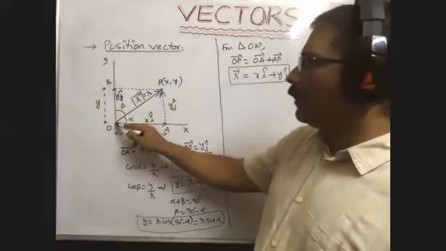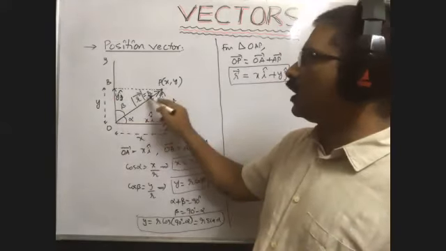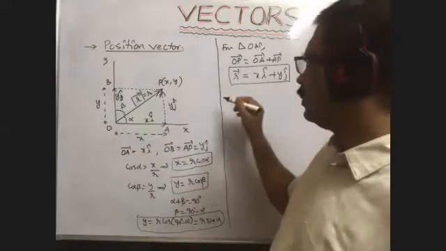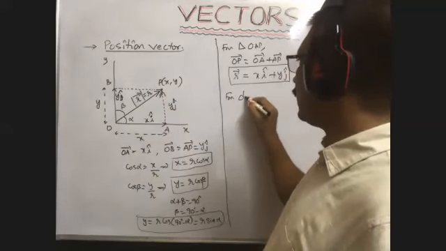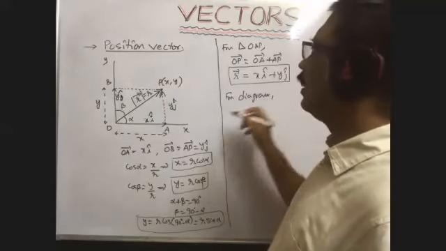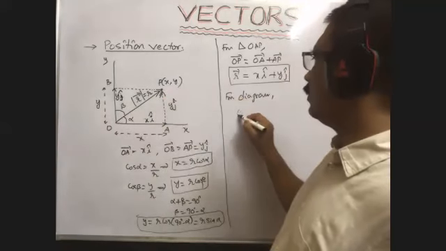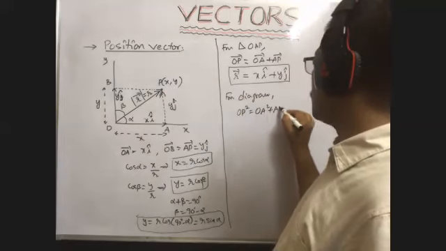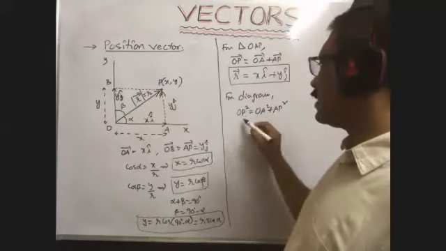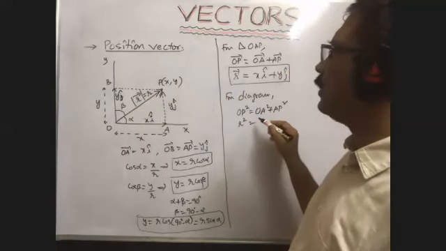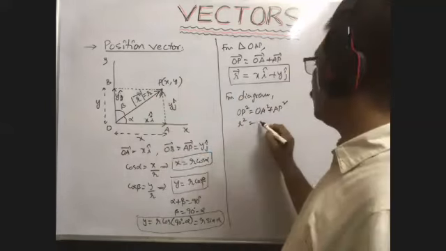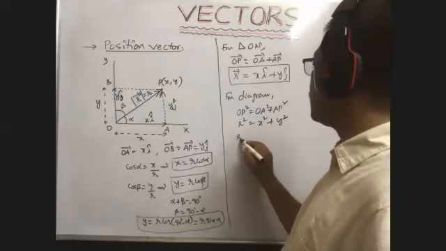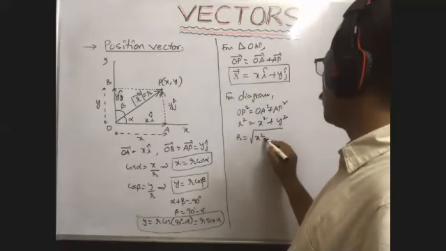Now, what is the magnitude of this position vector? That means, what is the r value? In this right angle triangle, you apply the Pythagoras principle. From the diagram, OP square is equal to OA square plus AP square. OP square means r square is equal to OA square, where OA is x only, so x component square, plus AP, the y component square. r is equal to the square root of x square plus y square.